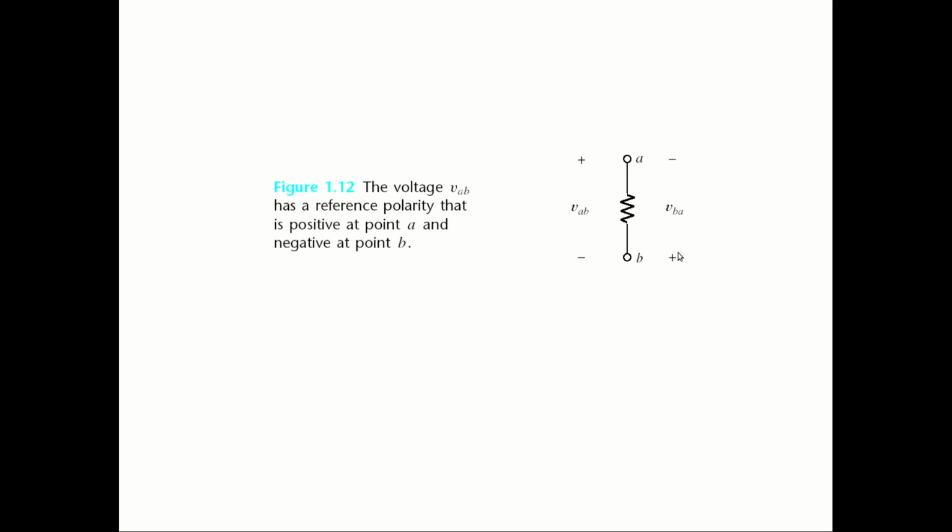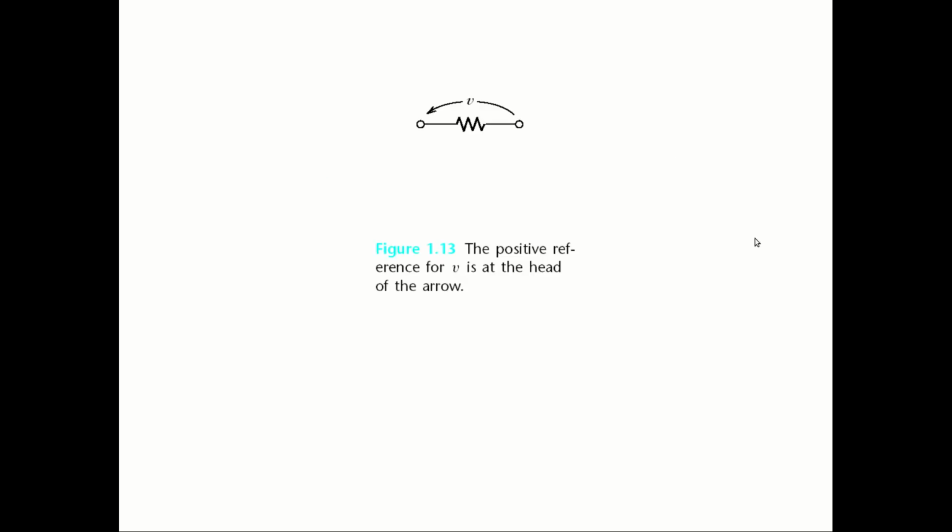So take caution when you measure or make some symbols around the circuit, that the current flow is important, because it gives hints about the direction in which to measure the voltage. Okay, because this is negative to this one. Now this is the positive reference for V.